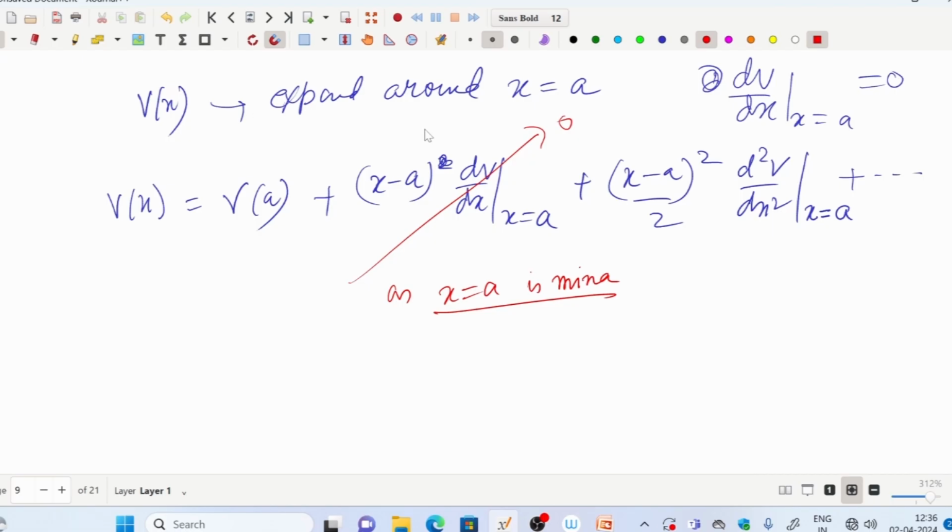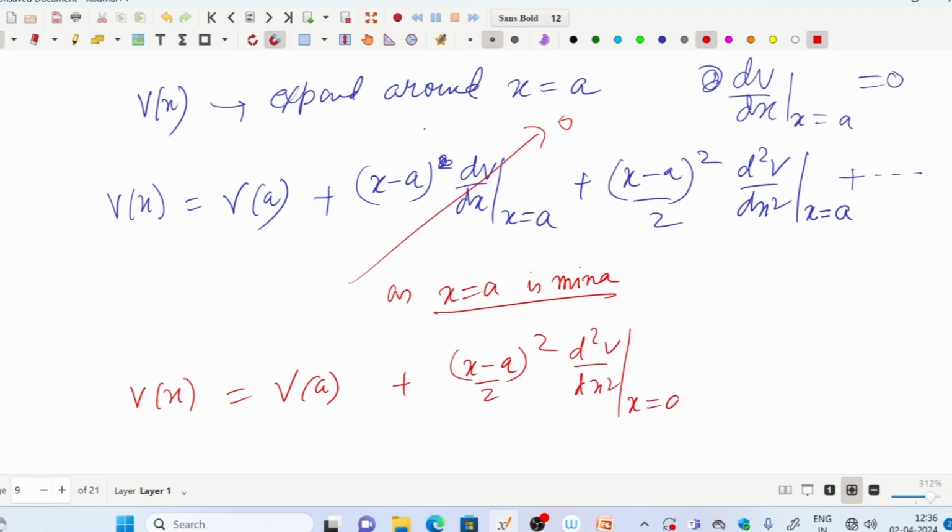Now, up to second order, V(x) is V(a) plus (x minus a) whole square by 2 times d2V/dx square. This is a purely x independent term, because the double derivative has to be calculated at x equal to a, plus higher order terms. If you consider small oscillation, higher order terms you can neglect.